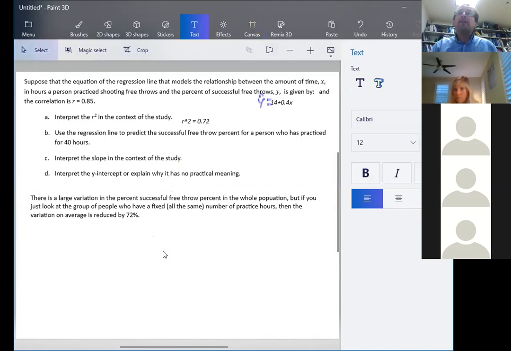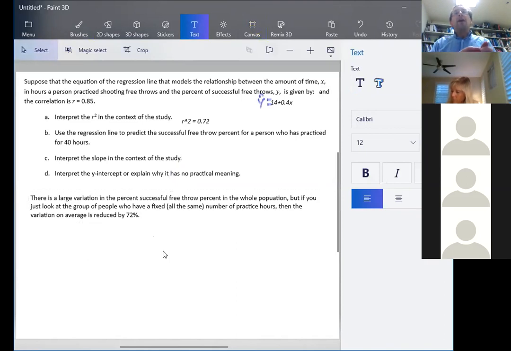Any questions on this? So if you have a high R squared value, that tells you the regression line is useful.